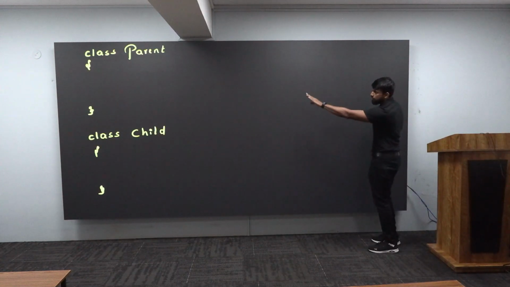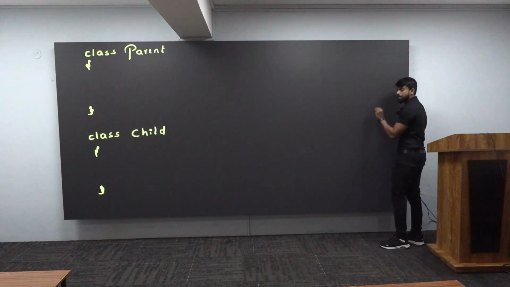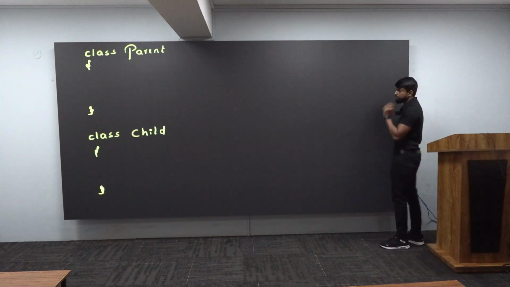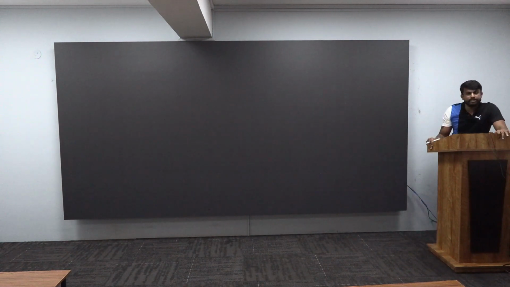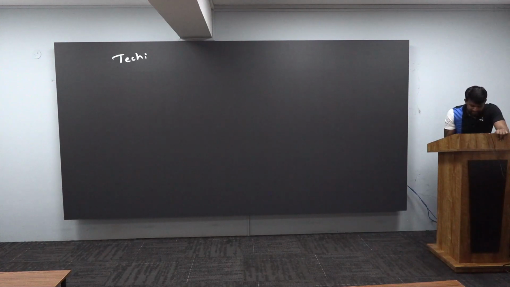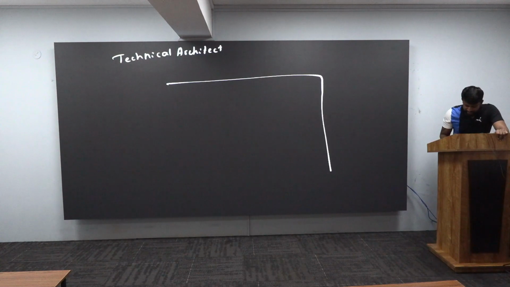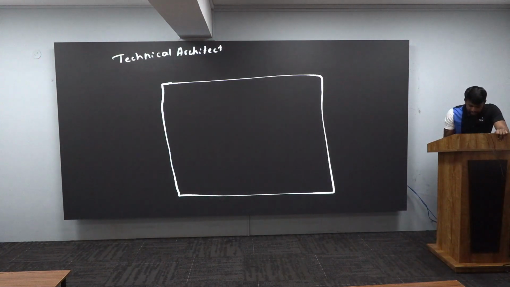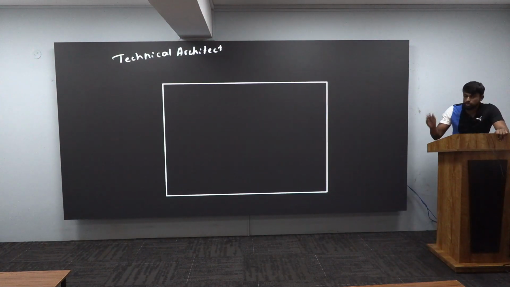But that program, I want to represent diagrammatically. What is diagrammatically, sir? Watch it. When you go to the IT industry, whenever you give the requirements, there will be one person called the technical architect. This technical architect will create a design of how to build the software.